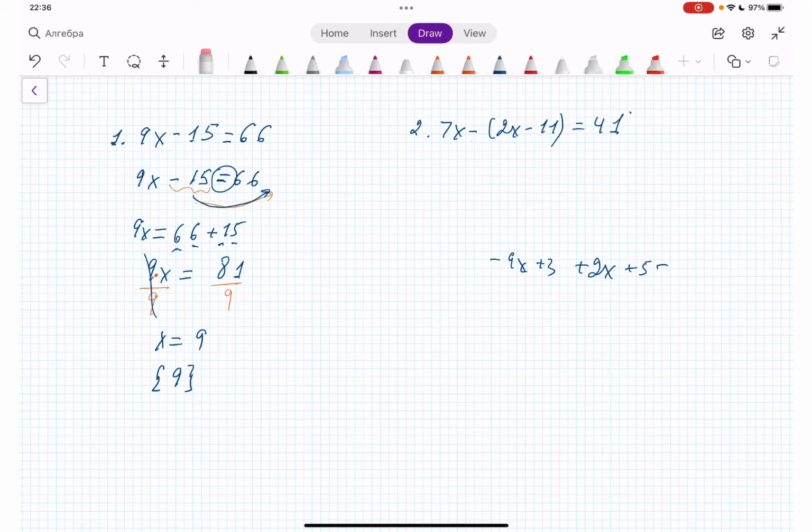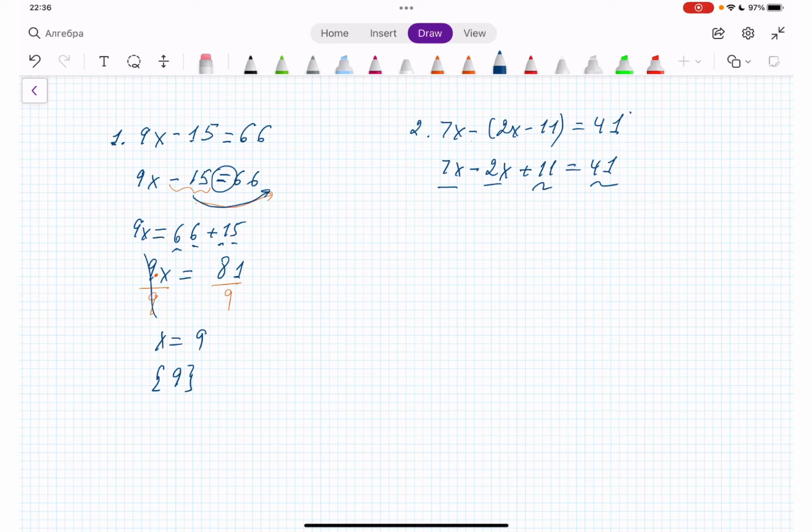Now let's get back to our problem, and we will have 7x minus 2x, because 2x is positive, it will become negative 2x. The 11 is negative, that means it will become positive 11, equal to 41. Now let's combine like terms, 7x and negative 2x, and the 11 we are going to combine with 41.